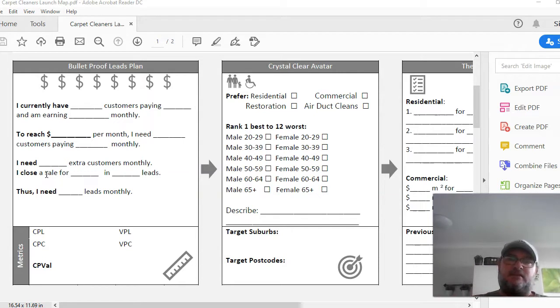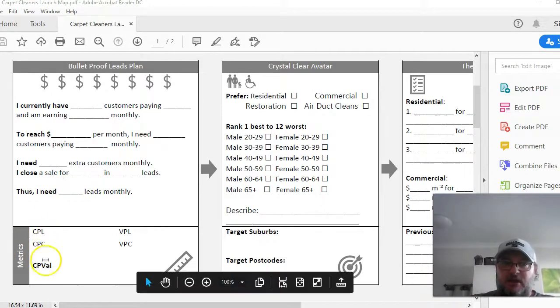Or for every 10 leads I get, how many do I turn into sales? So, for example, if every 10 leads you get a sale on every second one, then I close a sale for 5 in 10 leads. So, in other words, you need double the amount of leads as new customers. So, if you want 200 extra customers per month and you can close 1 in 2, then you need 400 leads monthly, and you write that there.